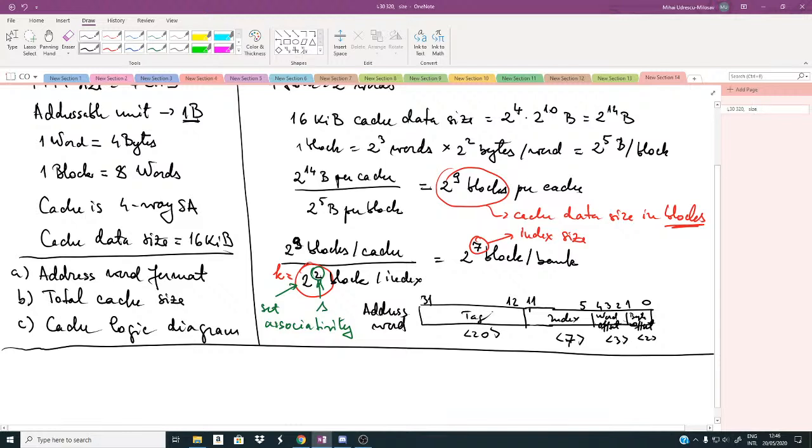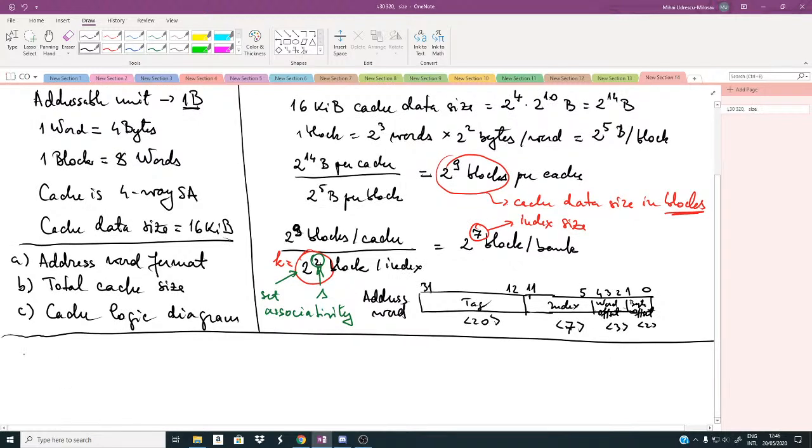Okay, so let's answer point B. All right. I have 2 to the power 2 banks. That's the set associativity. Right now I'm calculating the total size of the cache.